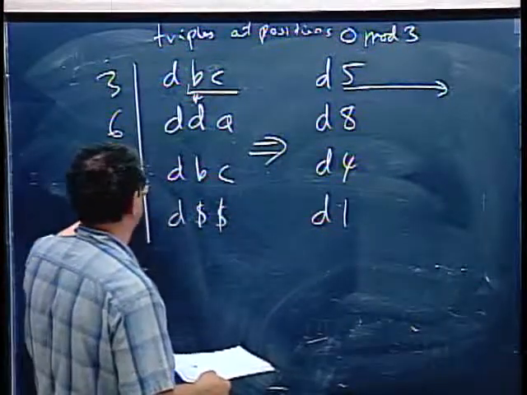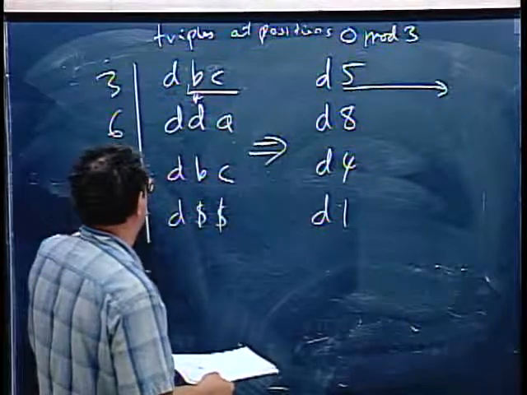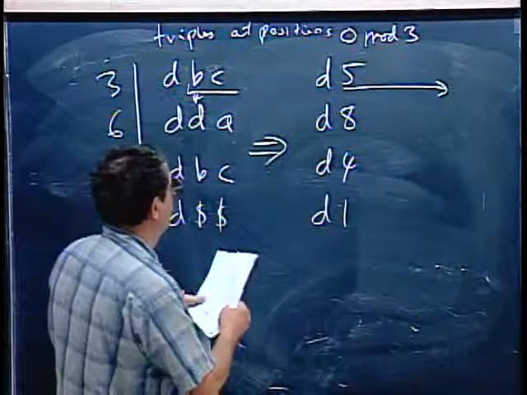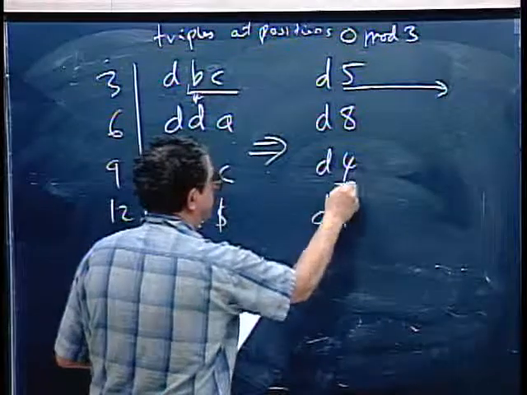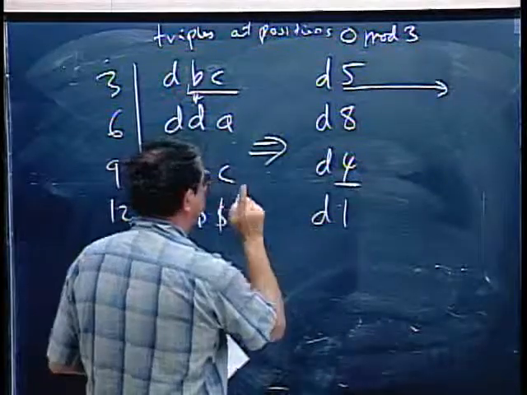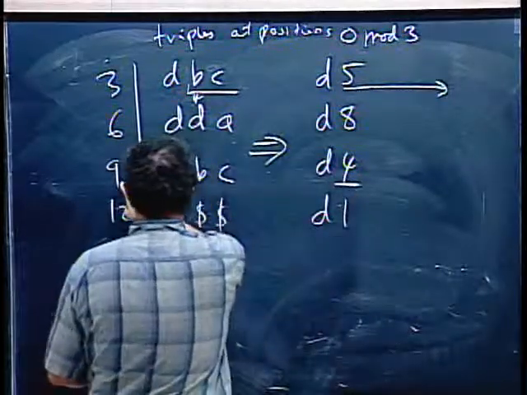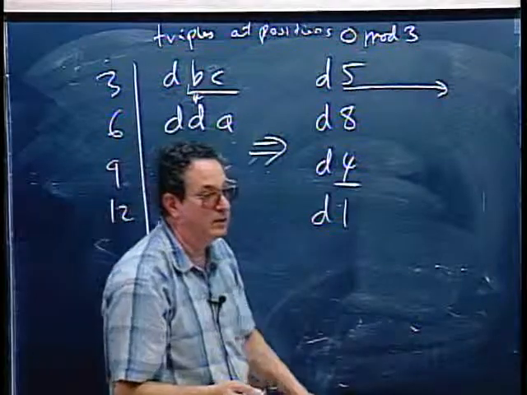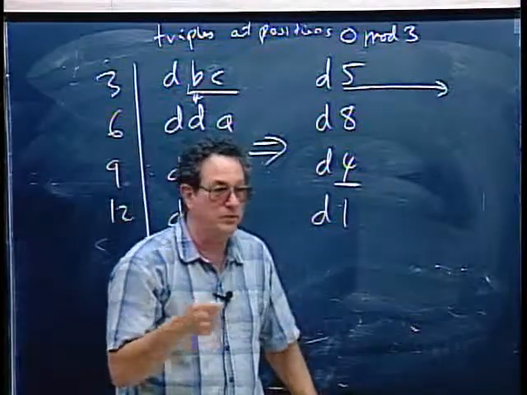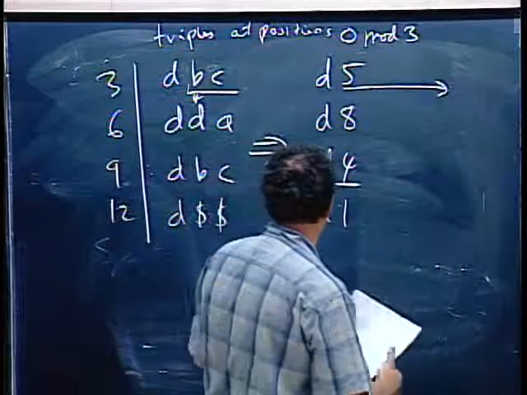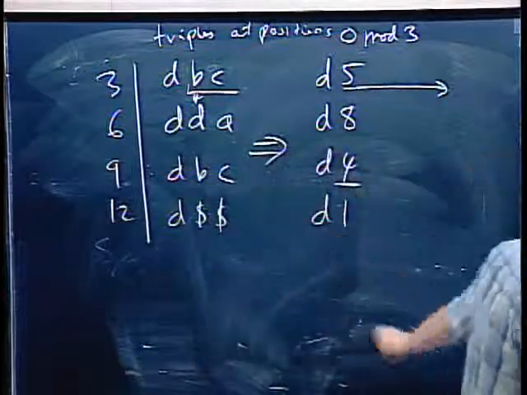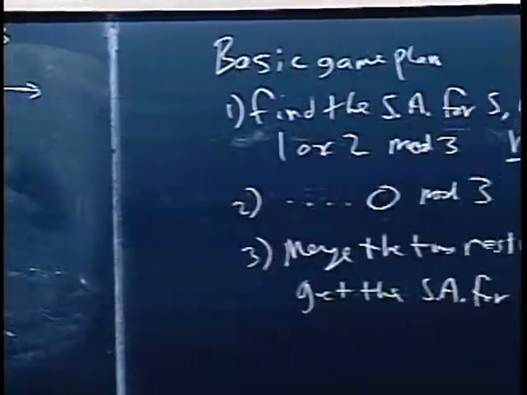Let's take a look at position 9. Okay, starts with the D, and then the next way we've encoded this is number 4. So position 10, this is one more than 9. Position 10 is a number that's 1 or 2 mod 3, and it should be the fourth smallest. Yeah, and it is.